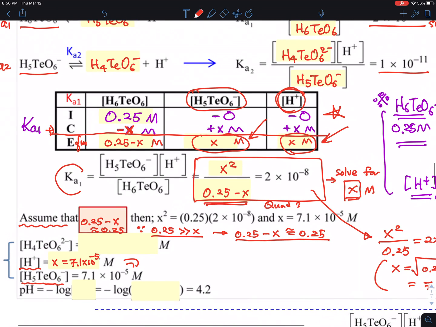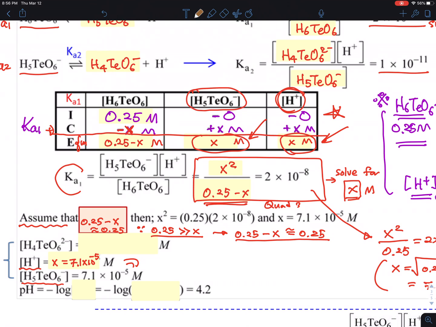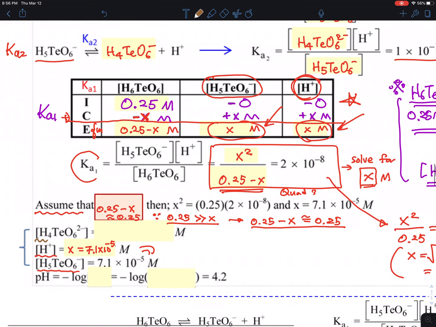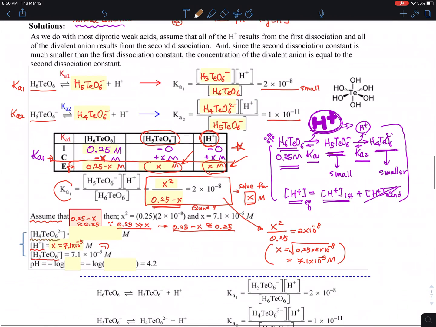And then what about the more difficult concept, this one? What about the H2TeO4? This is a compound. Once you generate this from the original acid, then you're going to generate this one.